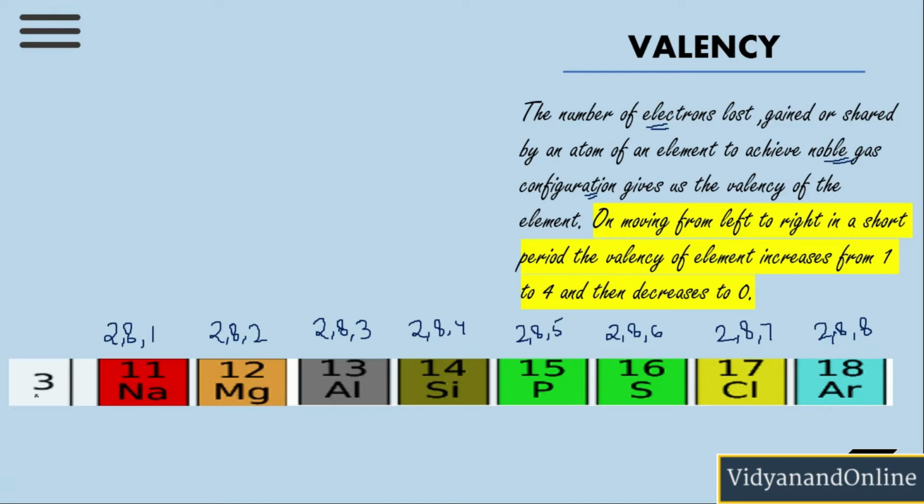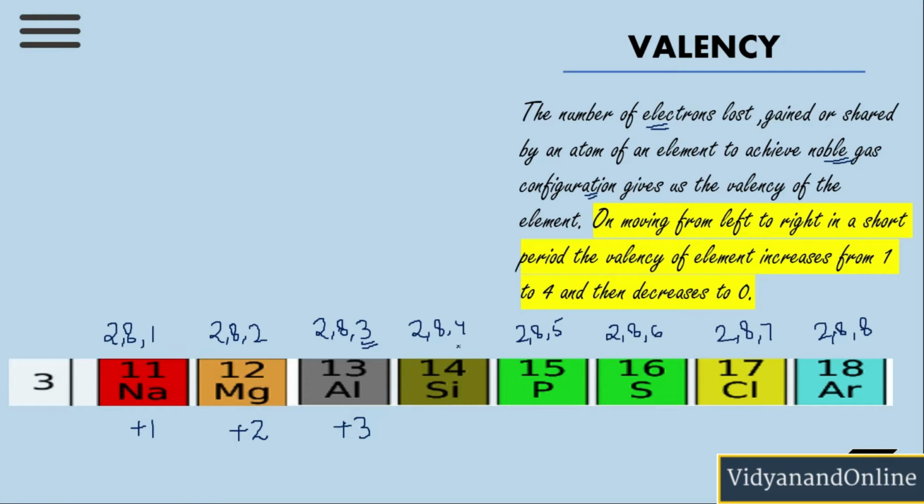Now in order to achieve the noble gas configuration, sodium will have to lose its 1 electron and that is why it will be plus 1. Similarly, magnesium will lose 2 electrons and that is why its valency will be plus 2. Now aluminium will have to lose its 3 electrons in order to have 8 electrons in the outermost shell and that is why its valency will be plus 3.